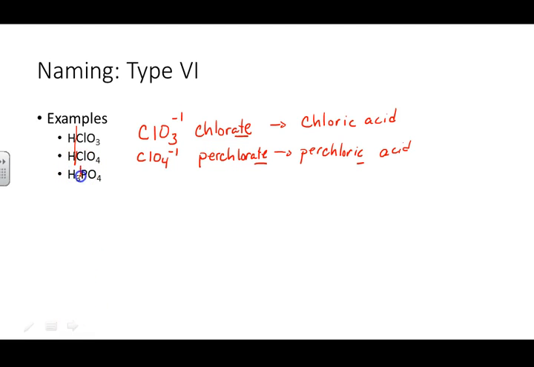H3PO4. The PO4, the -3 charge, is phosphate. It ends in ATE, so we're going to drop ATE and add IC, but there's a little more to this one. This is the reason that it's here as an example. Still an IC acid, phosphoric acid.